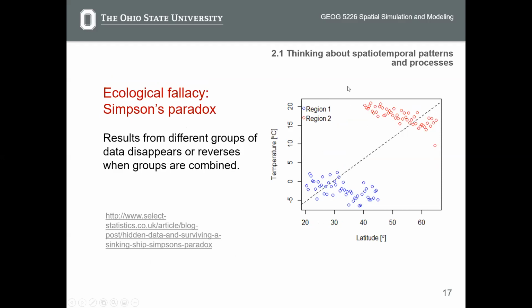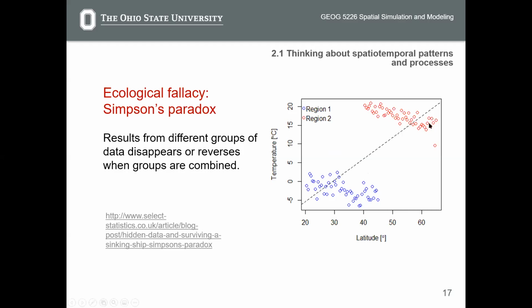Here we have a scatter plot with blue dots and red dots, and this scatter plot is between temperature in Celsius degree and latitude. Obviously there are two groups, right? Group 1, region 1, group 2, region 2. And each dot here represents a temperature measurement at a specific location in that specific region.